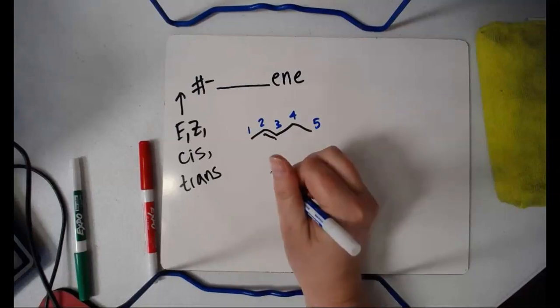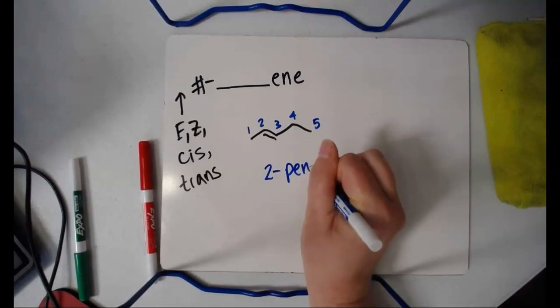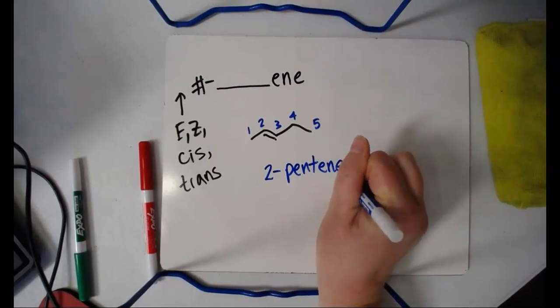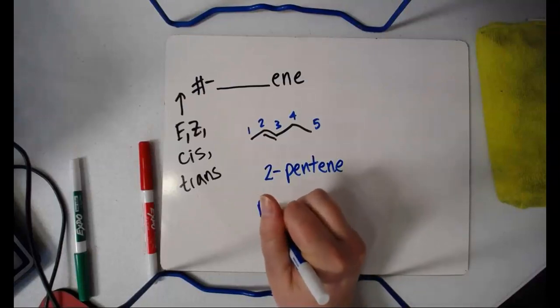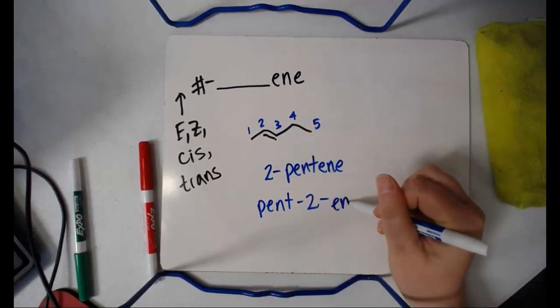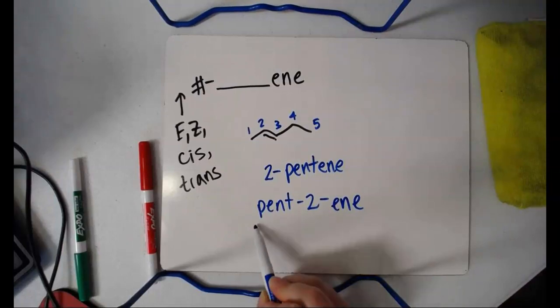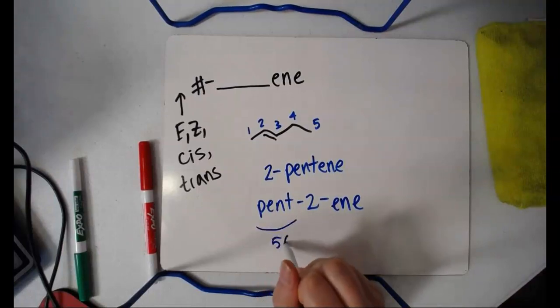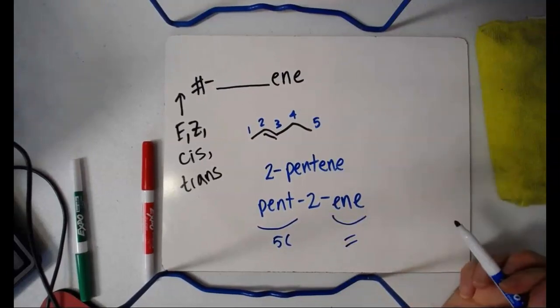There's actually 2 ways to do this. We can write 2-pentene. So that tells us that at carbon number 2, there's a double bond. We can also write pent-2-ene. So it's dividing the name up to say we have 5 carbons and we have a double bond at carbon 2.